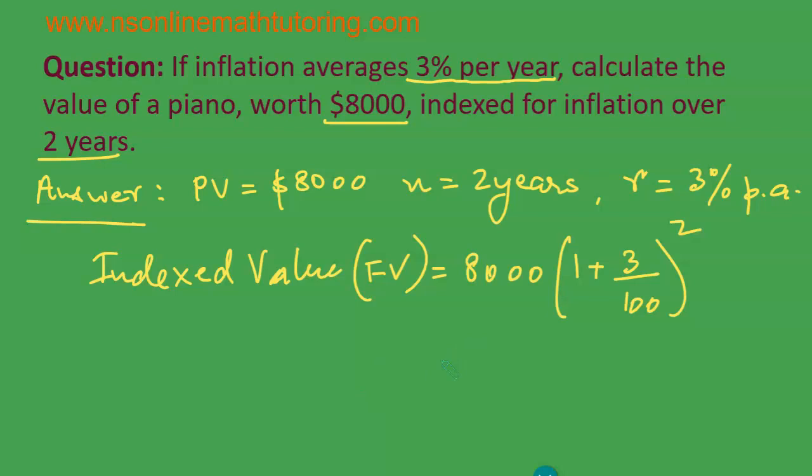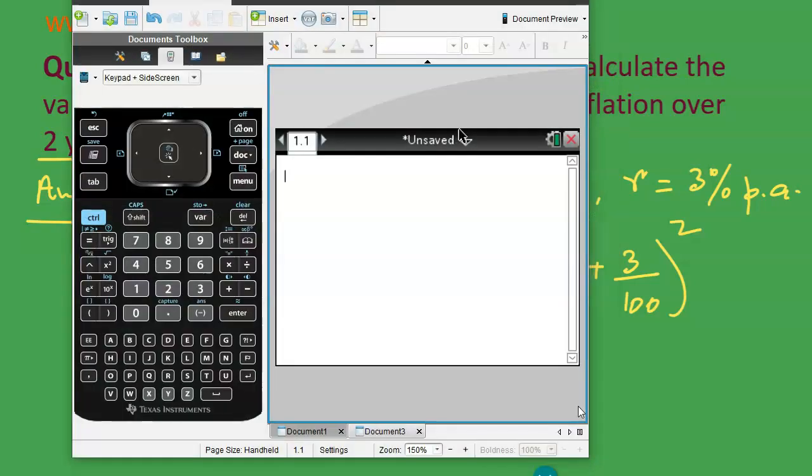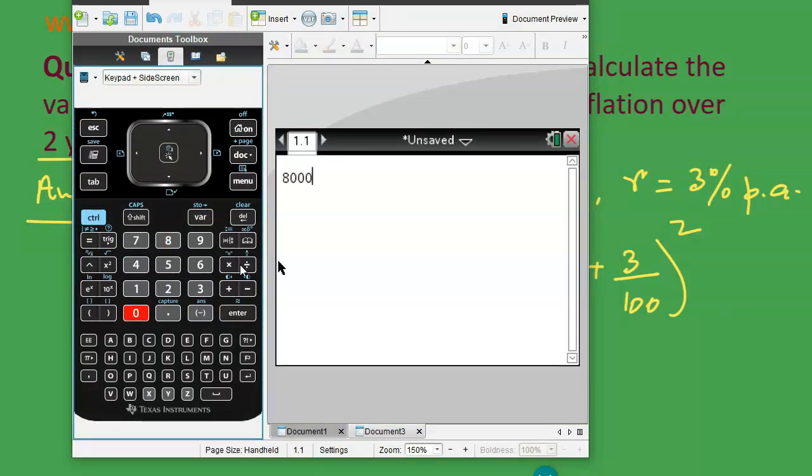Okay. So, what is this equal to? 8,000 times 1 plus 3 over 100 to the power of 2.